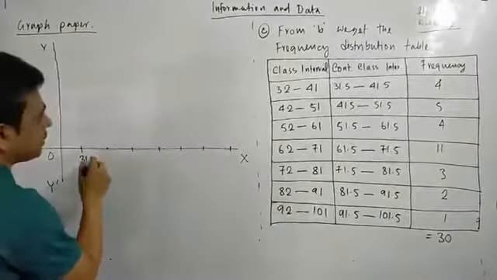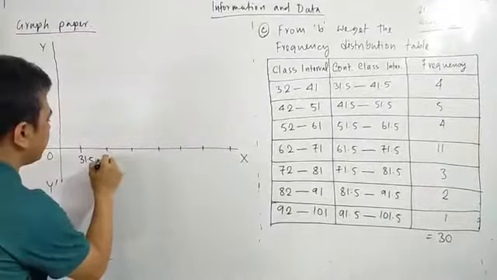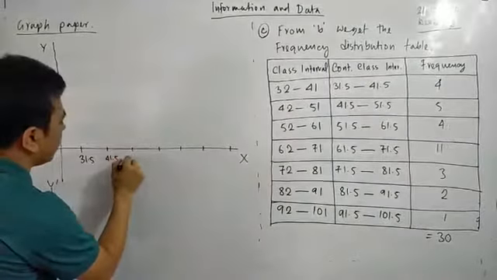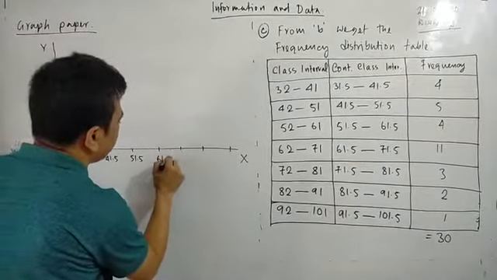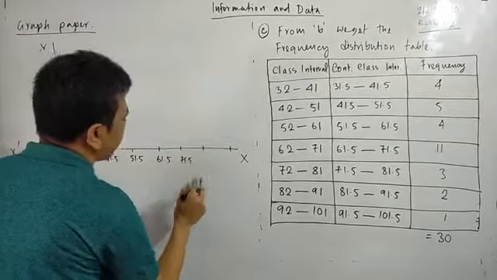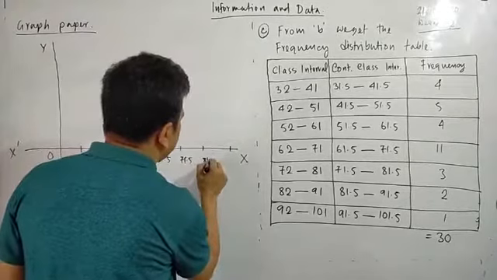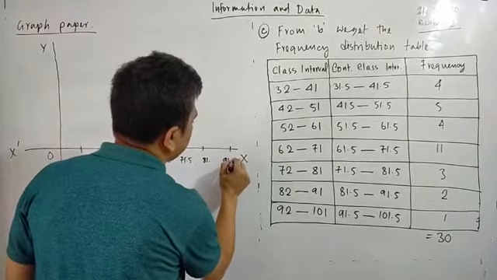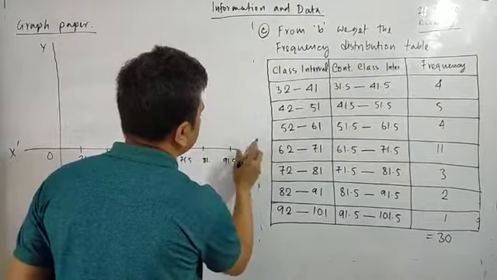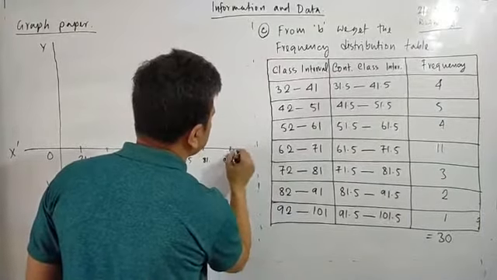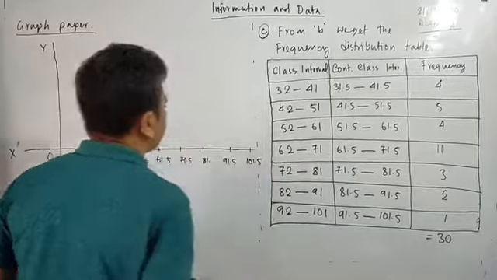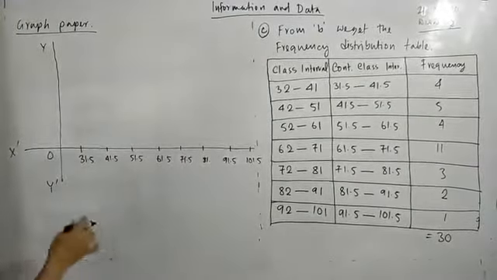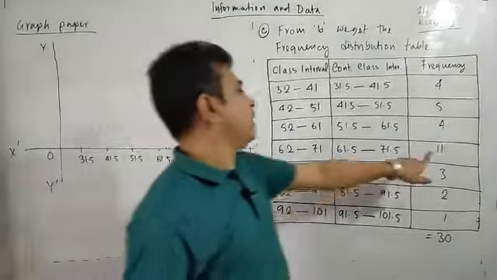Okay, so 31.5, 41.5, 51.5, 61.5, 71.5, okay, 81.5, 91.5, okay, and 101.5. Okay, and here we have frequency up to 11.